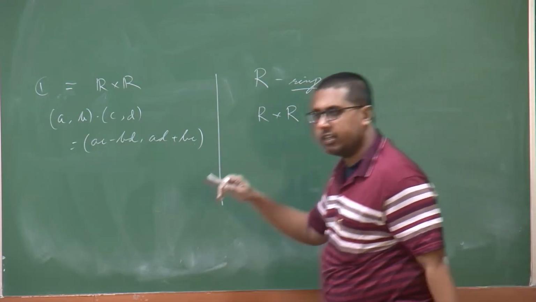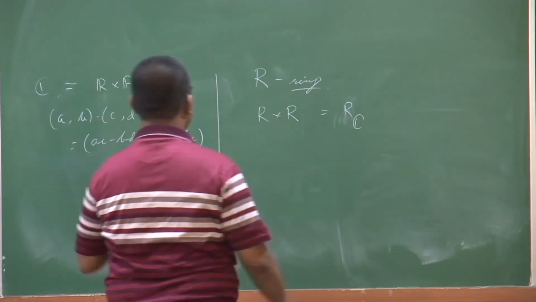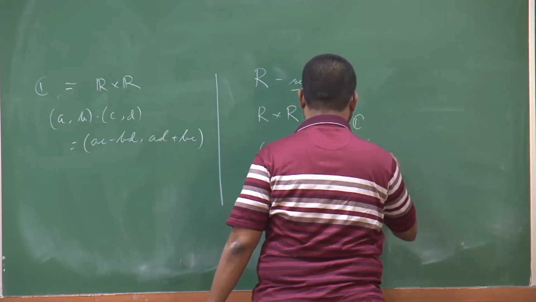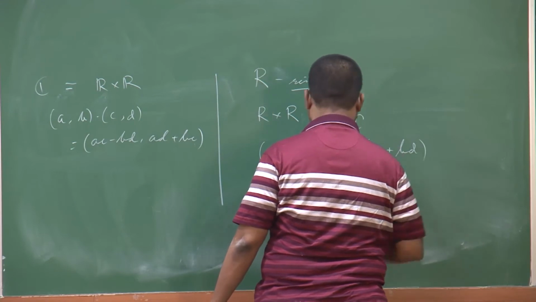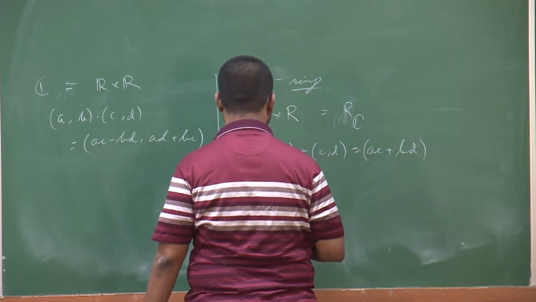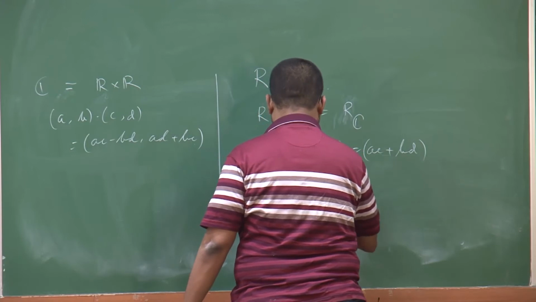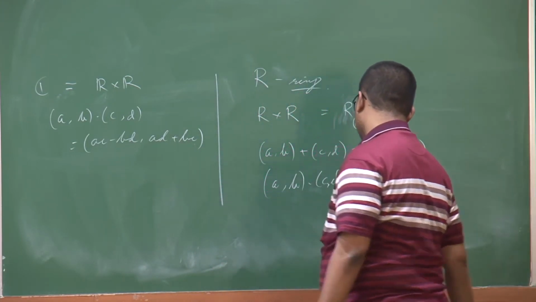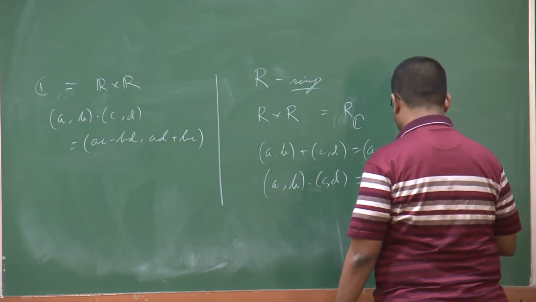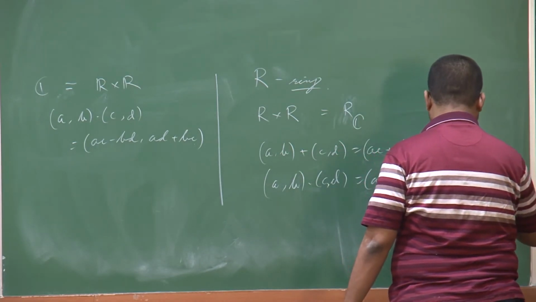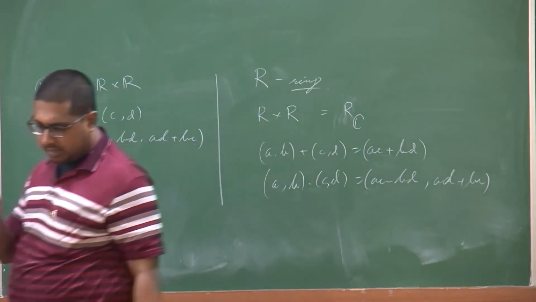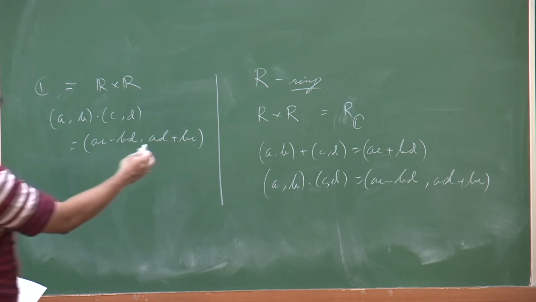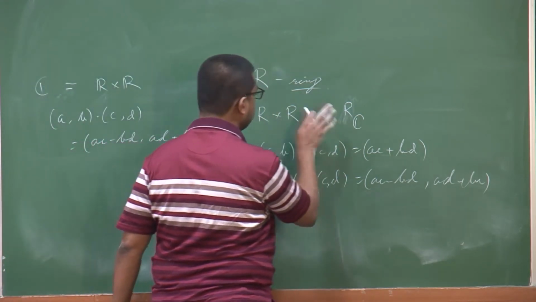This is nothing but the twofold Cartesian product of R, and we define addition and multiplication exactly in this way: (a,b)(c,d) = (ac minus bd, ad plus bc). You can immediately check that with respect to this addition and multiplication, this forms a ring.